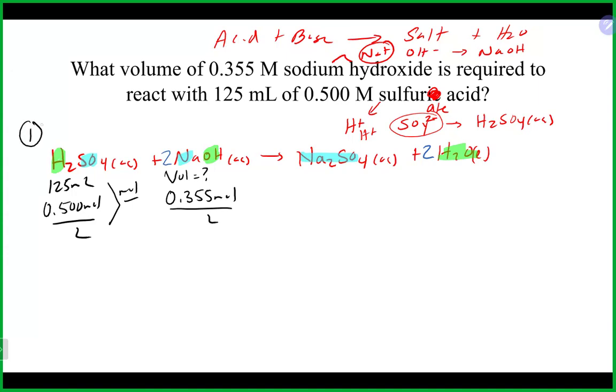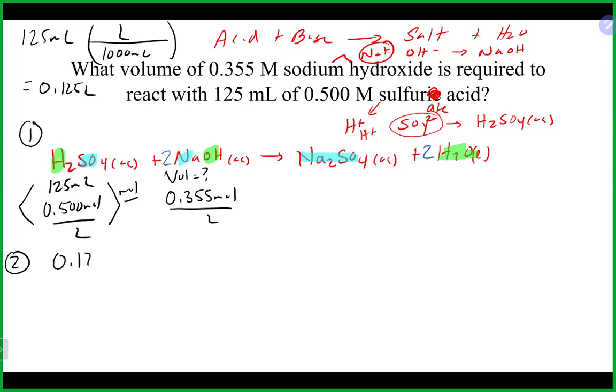So we obviously have our balanced equation. We then want to convert to moles, and this is the only thing that we can convert to moles. Like normal, we do need to convert our volume into liters. So we're going to divide by 1,000 milliliters to a liter, 0.125 liters.